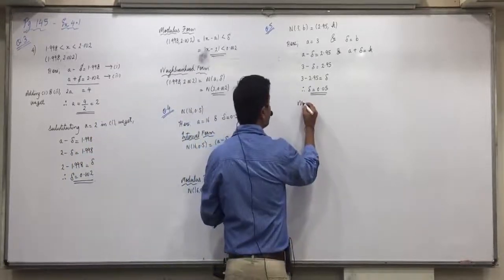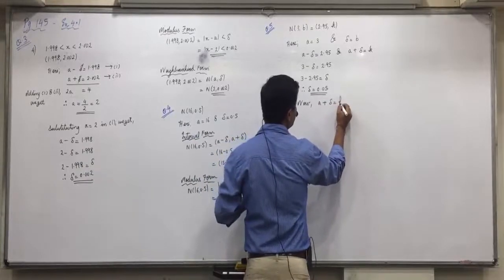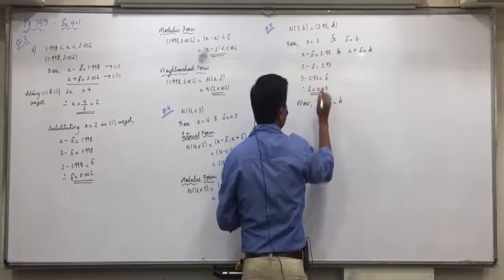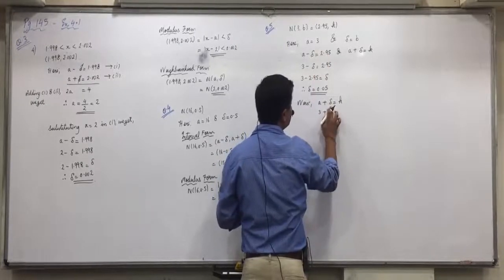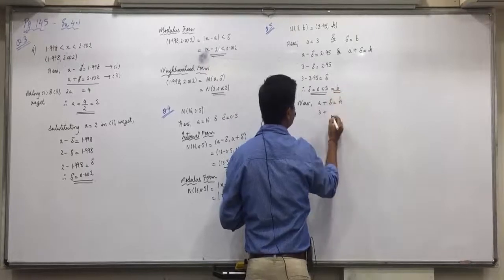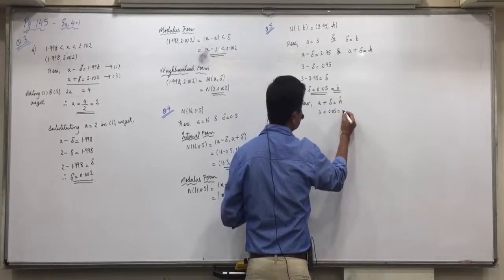So a plus delta equals k. What did we get? a is 3, plus delta is 0.05, that itself is b, equals k.